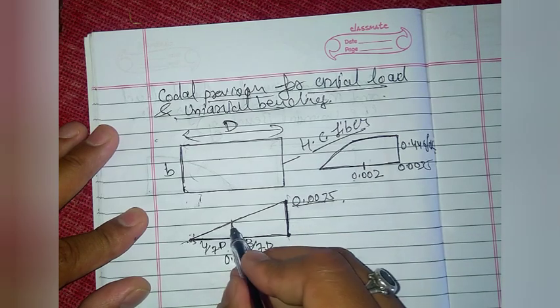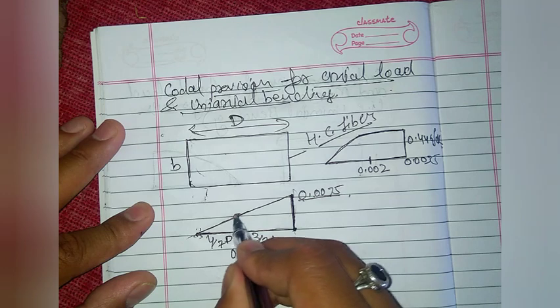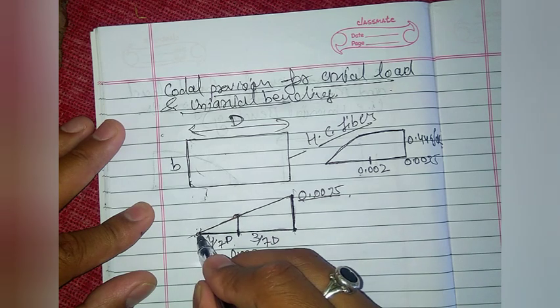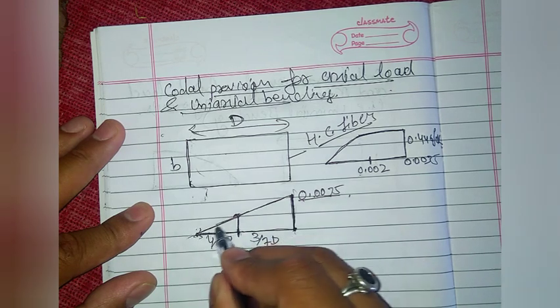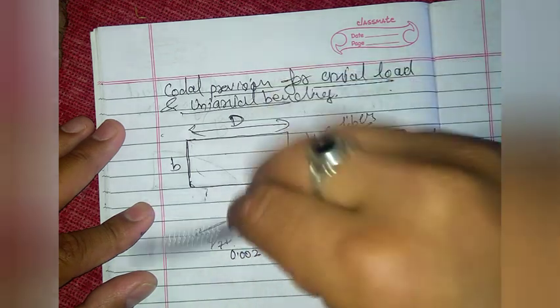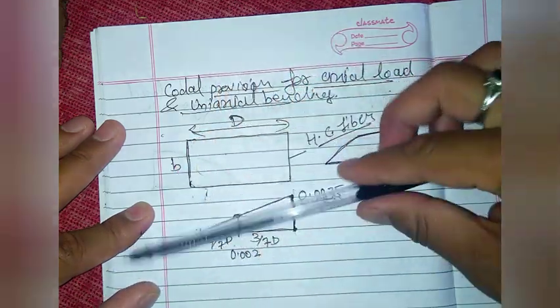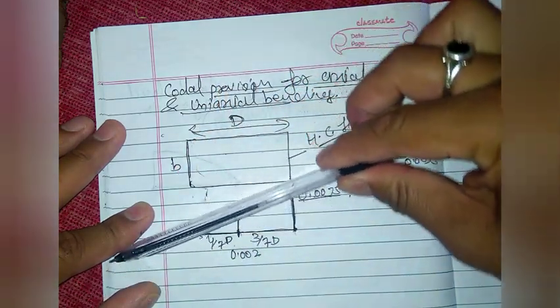Now we take this as a pivot point and assume that the section is pivoted at this point, so it is going to rotate like this or this.